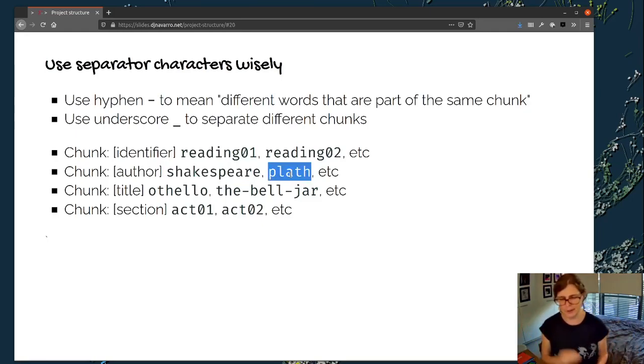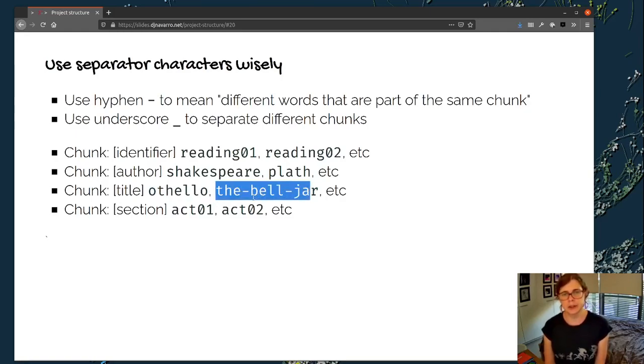I don't know what syllabus would involve both Shakespeare and Plath, but let's just assume there is one. Then you've got another type of chunk which specifies the title, so Othello or The Bell Jar, etc. And notice again that within a single chunk, our separators here are dashes, they are hyphens.